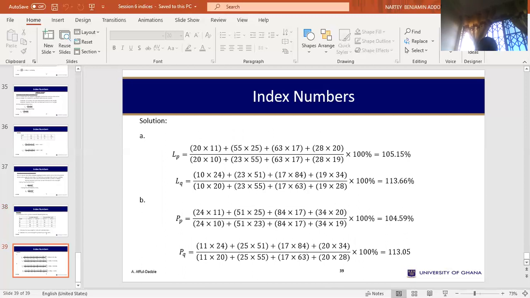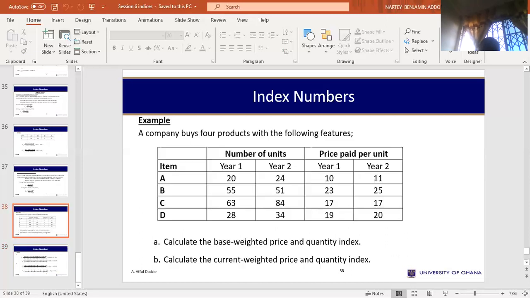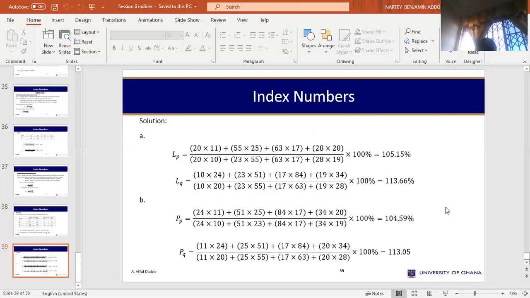Yeah, so we have the top, and then the bottom, we also have 20, 10, 23, 55. So now 20 and 10, 23 and 55, 63 and 17, 20 and 19. You see, if you are calculating for the Laspeyres, you have the Laspeyres price, the Laspeyres quantity, the Paasche price, the Paasche quantity.